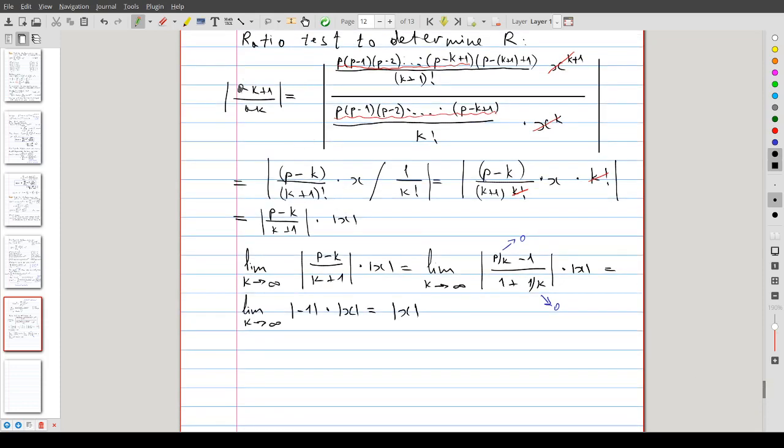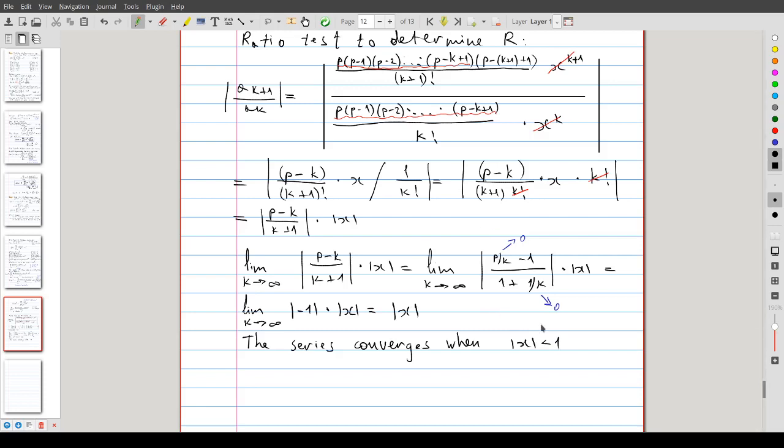Because this is the output of the ratio test, I must have absolute value of x less than 1 to have a convergent series. So you see that the series converges when absolute value of x is less than 1.